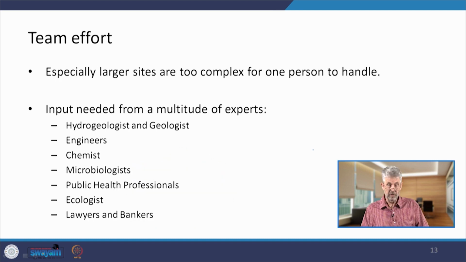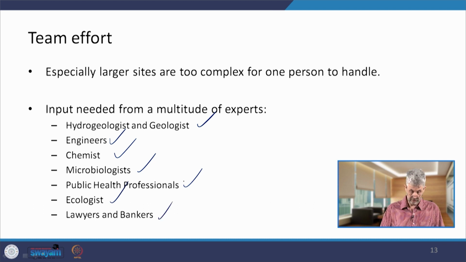Meaning, we want to have a lot of people at the table, and these people can be from a multitude of fields, such as research, hydrogeologists and geologists, engineers, chemists, microbiologists, public health professionals, ecologists, and also lawyers and bankers, because the lawyers and bankers have to bankroll the undertaking and also have to ensure the legality of what is being planned.